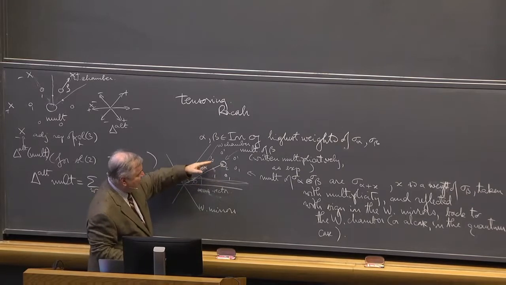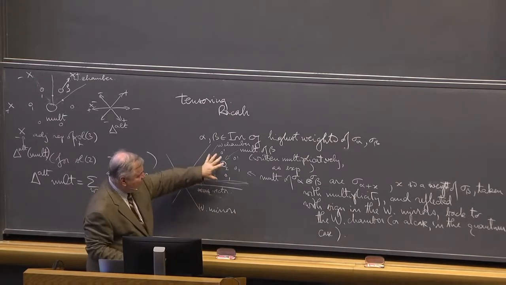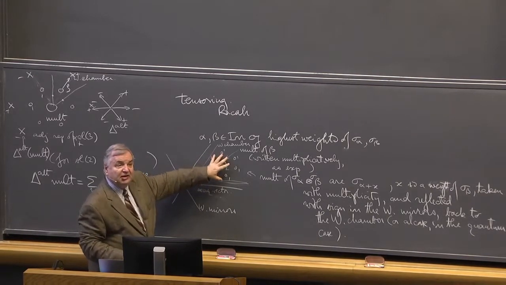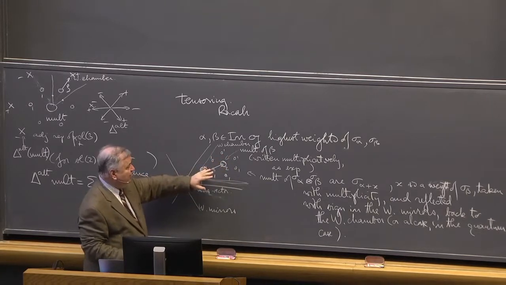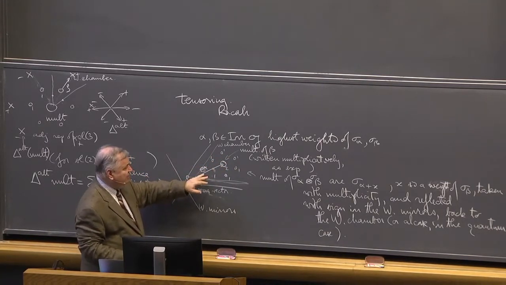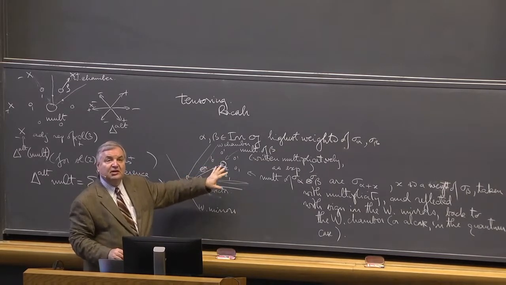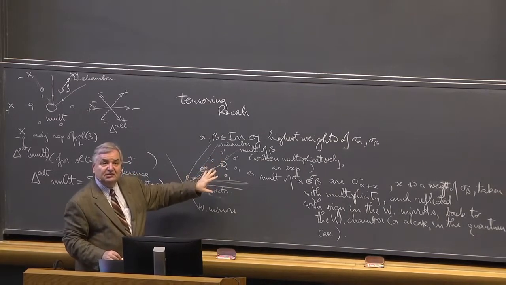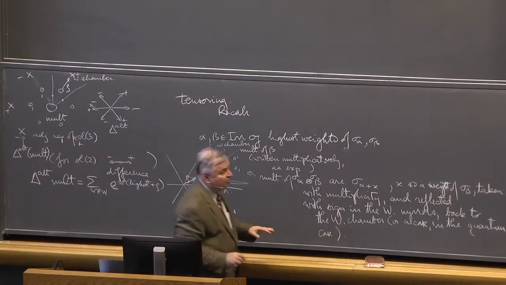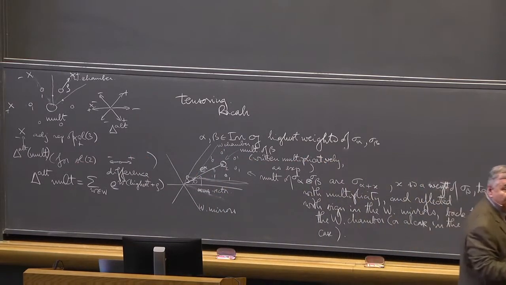If you simply take one representation, take its multiplicities. If alpha was very big, then you just get the multiplicities of beta, yes? This is a formula which is very familiar to you from SL2.